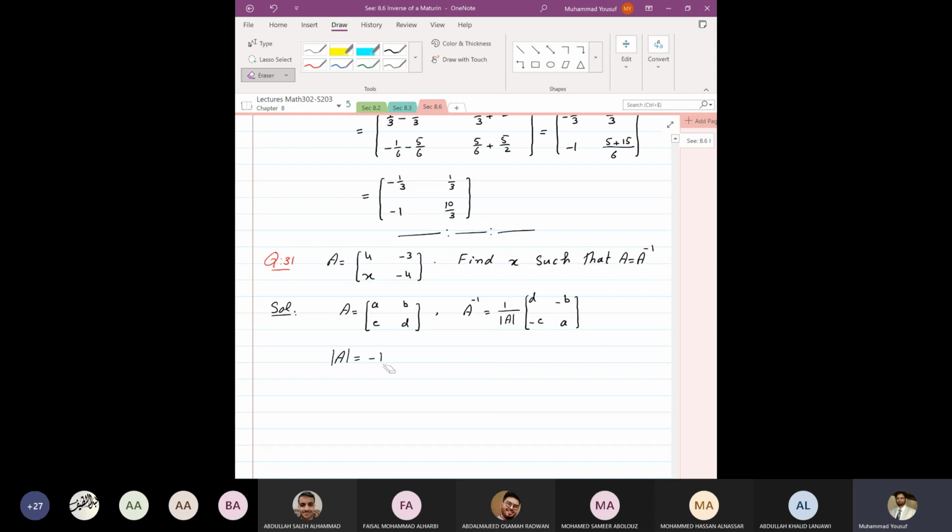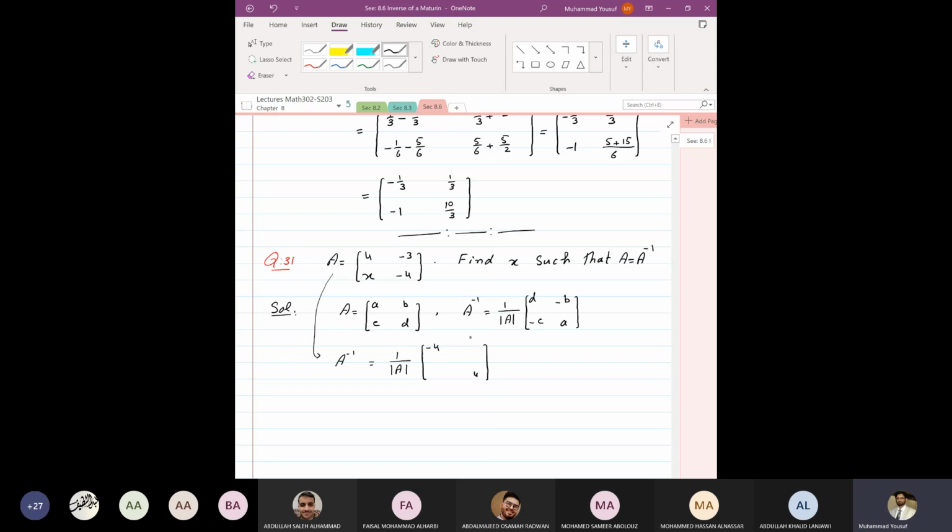Why? Let me do this for this matrix A. So A inverse for this matrix is equal to 1 over determinant of A, and then apply the same thing here. So you get minus 4 and 4 here. And what do you get here? Interchange them. Minus x.